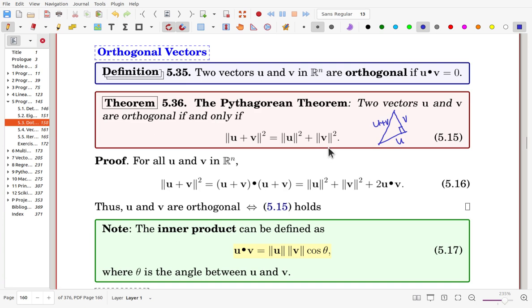It is true only if this angle is 90 degrees. So that means this 90 degrees is orthogonal. Orthogonality is the same as a right angle. So geometrically, orthogonal vectors make 90 degrees, right?